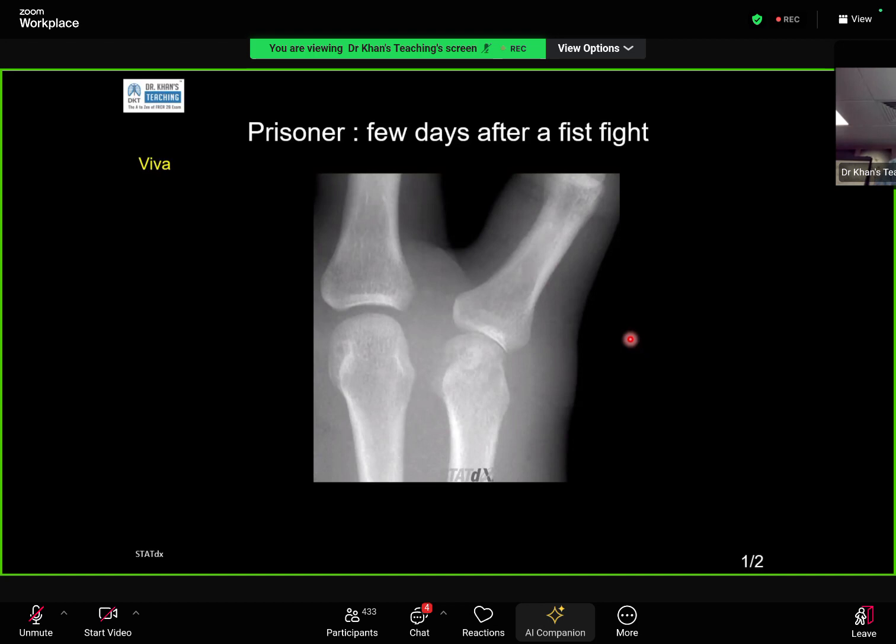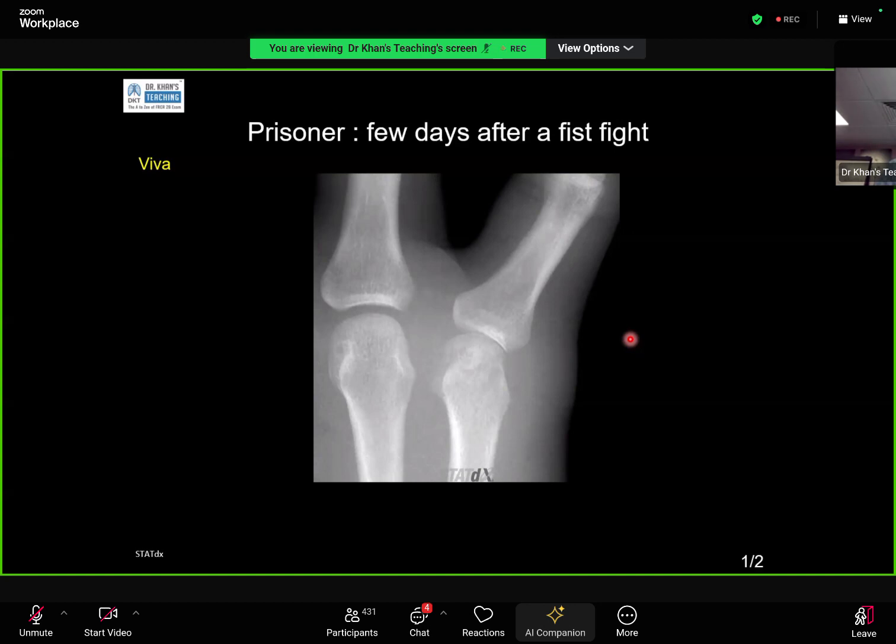There is a subtle lucency involving the metacarpal head. I'm not sure, I think it is the ulnar aspect at the left side of the image, with surrounding subtle sclerosis.